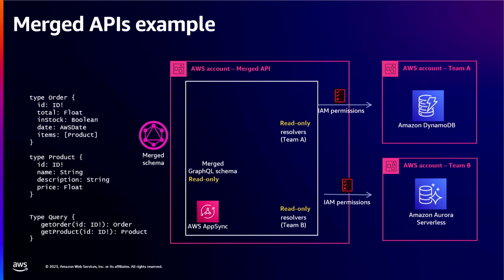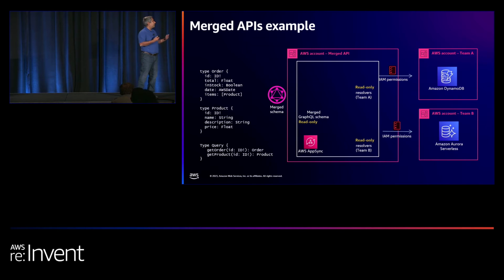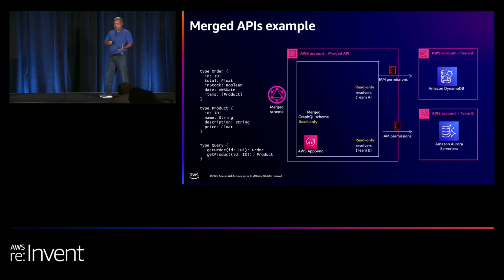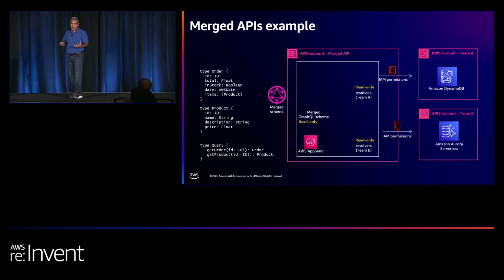On the left side, you see the unified schema where order and product information and the query information are all merged. You can also see there is a relationship between order and product information, where with a single API call I can relate them with a parent-child relationship to pull in order plus product information in a single unified call. Also, the merged API schema has access to the data sources through the source API using IAM permissions.